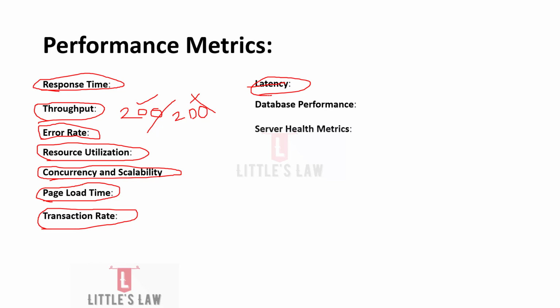For example, if you are trying to access an application from India and the server that you are accessing is somewhere in North America, there will be a lot of latency because there will be a huge delay between you sending the request, it reaching the server, and the server sending back the response to you. It travels through a lot of networks, hubs, switches and everything, so there will be a lot of delay. That is why there will be an impact for the real-time applications and user satisfaction.